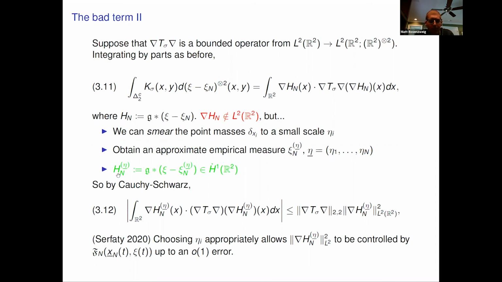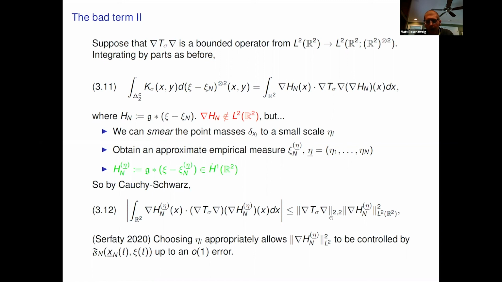That leads us to define this smeared out Hn quantity, where we're just taking the potential of the difference between the mean field solution and the smeared out measure. And this, it turns out, is in H^1, so its gradient is in L2. And so by Cauchy-Schwarz, we can estimate this quantity right here.